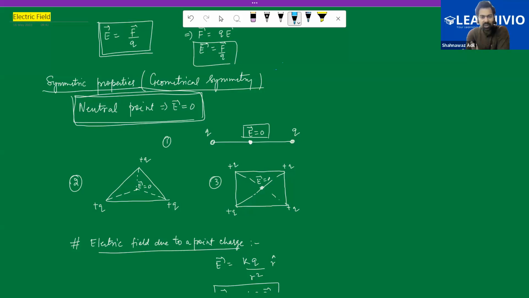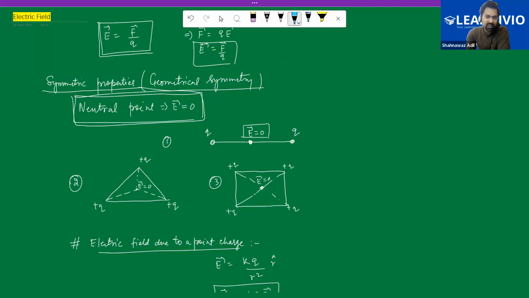If we have a geometry which is symmetrical, then at the geometrical center, if all the charges are identical, then the force or the electric field at the center would be zero, because the electric field follows the superposition principle. That thing you have done already, right?